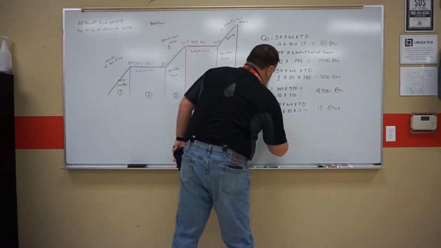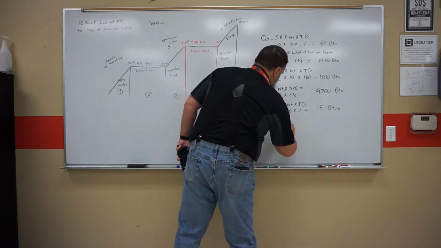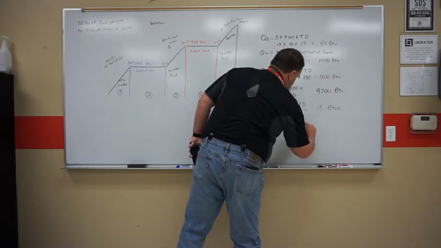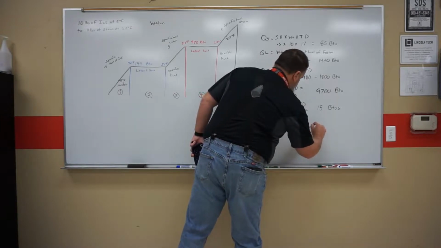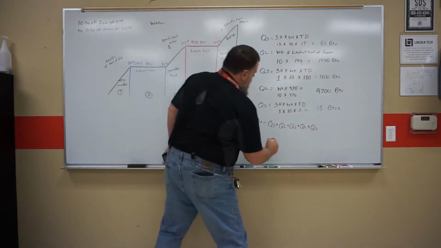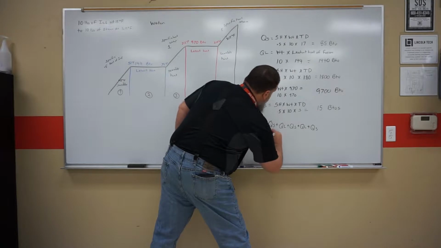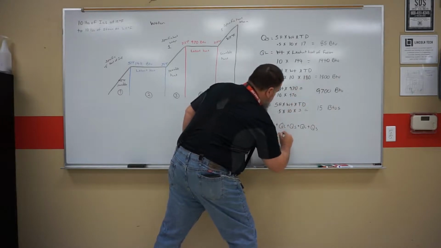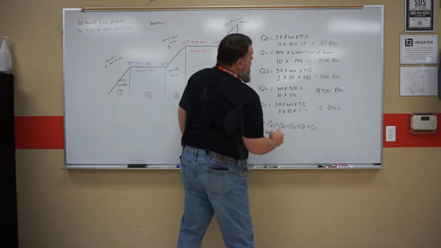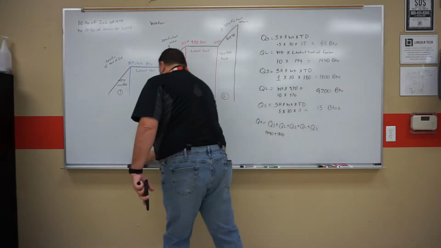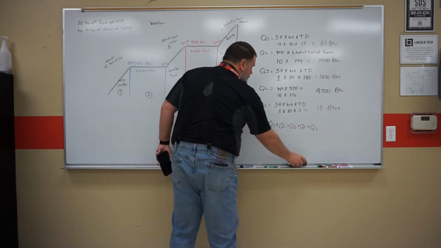So the total is Q of S plus Q of L plus Q of S plus Q of L plus Q of S. And if we look at that, what was our first one? Sorry about that, I messed up, I was looking at the wrong thing. Let's start over on that.